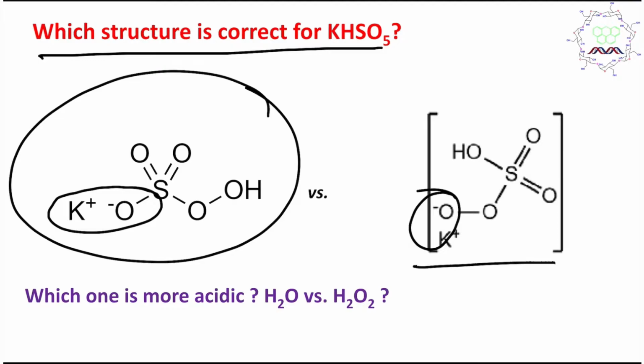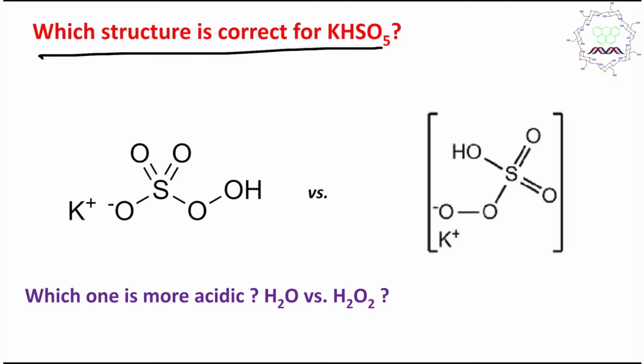Because if you look at the acidity, meaning the stability of the conjugate base, in this case the lone pair of electrons could easily be delocalized with either this S=O bond or this S=O bond, both. So two equivalent resonance forms are possible. But in this molecule, there are 3 lone pairs of electrons.